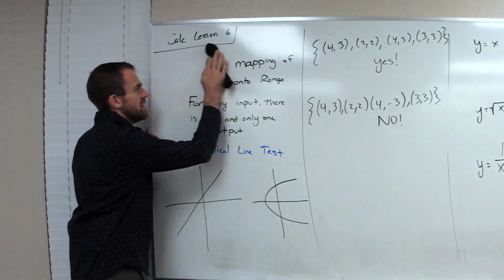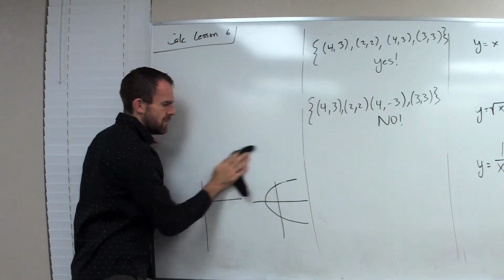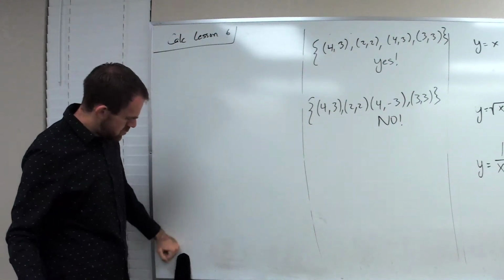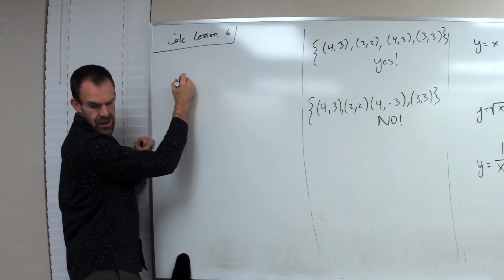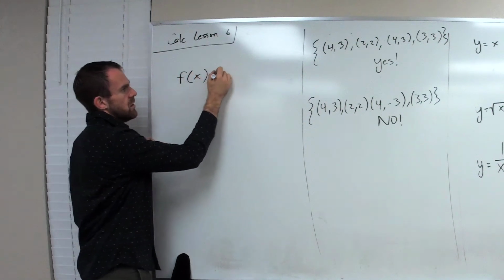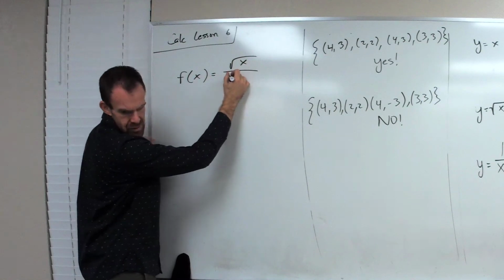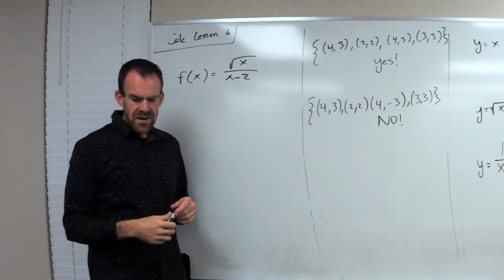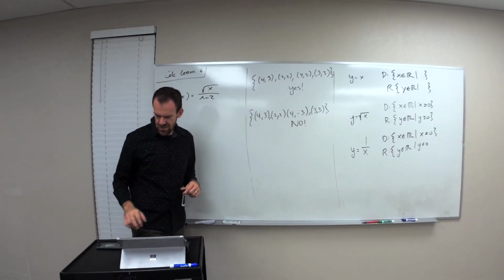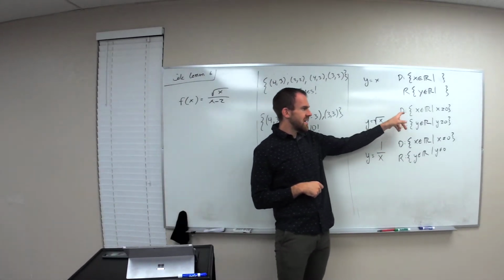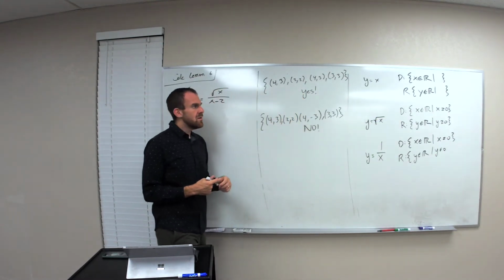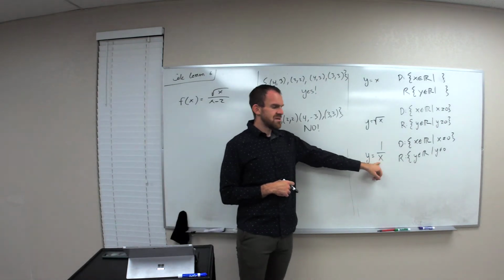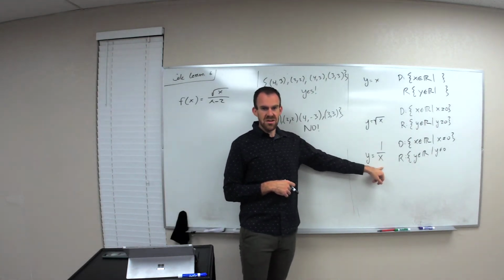So let's find the domain and range, or the inputs and outputs of this function. We have f of x equals the square root of x over x minus 2. So we know from over here, we'll zoom out a little bit, that the square root of x has this domain and range. But we also know that x minus 2 has an issue, probably when the denominator is equal to 0.